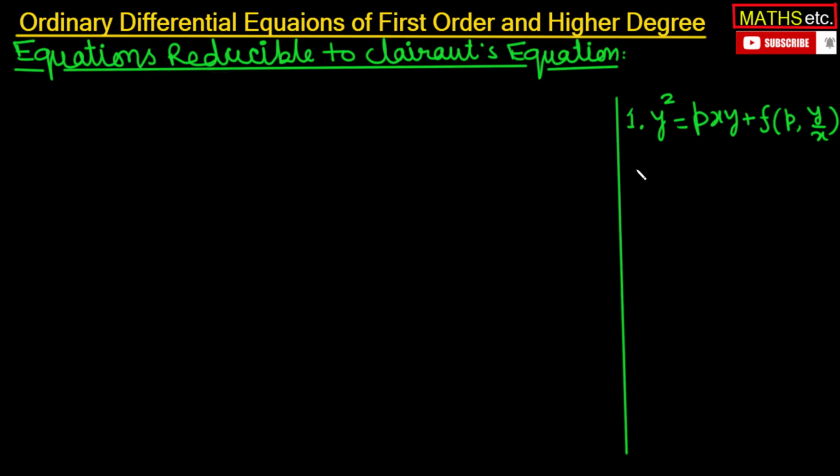In that case, the transformation we will use is u equals x square and v equals y square, right?